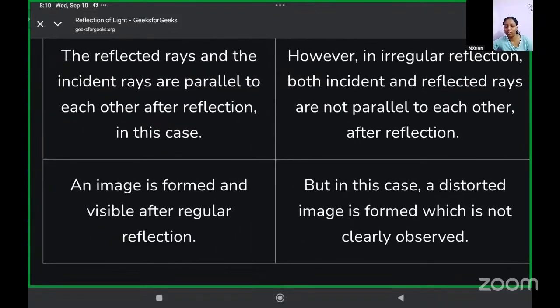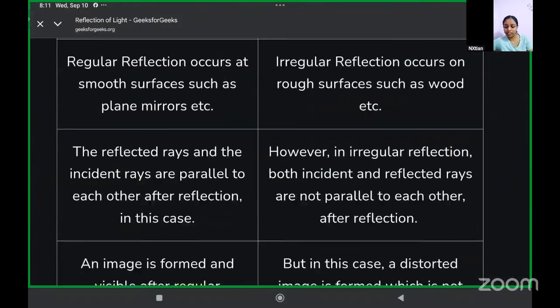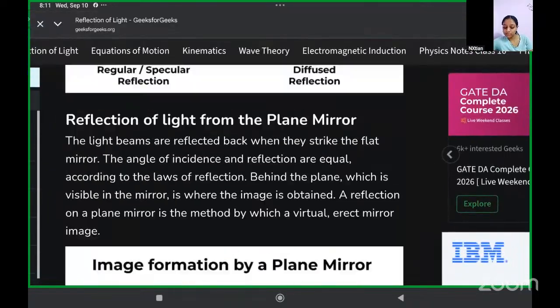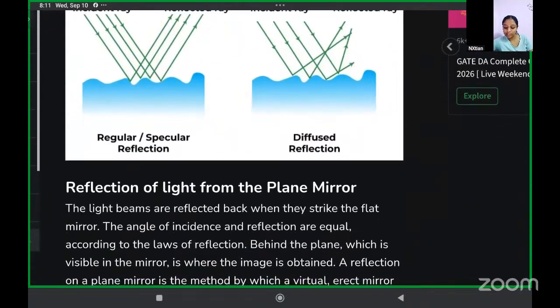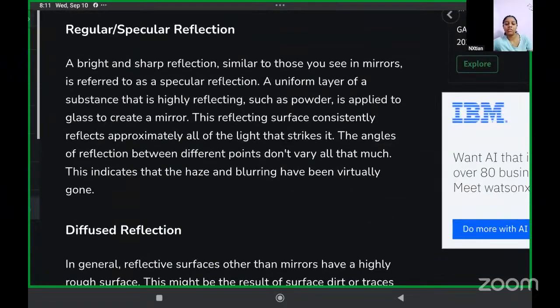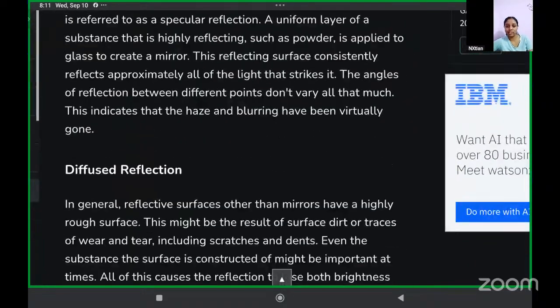So today we did reflection of light and the two types of reflection, diffuse reflection and specular reflection.